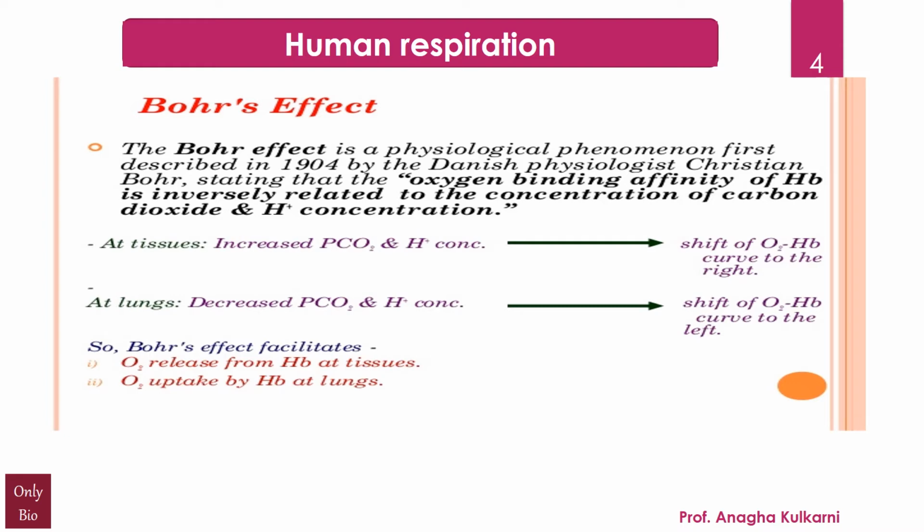Now, Bohr's effect, in simple words, is about the hemoglobin's oxygen binding affinity. The Bohr's effect refers to the shift in the oxygen dissociation curve that is caused by changes in the concentration of carbon dioxide or the pH of the environment. Now, what exactly happens?